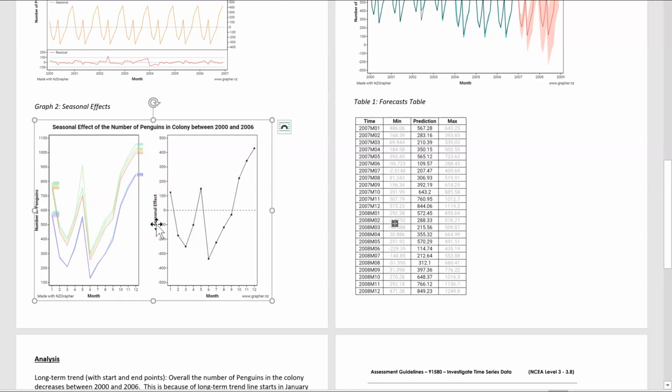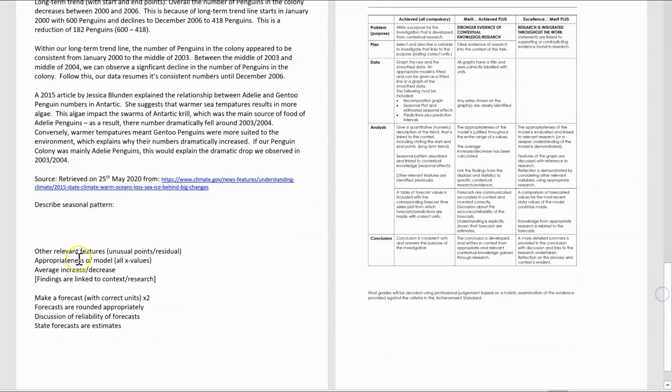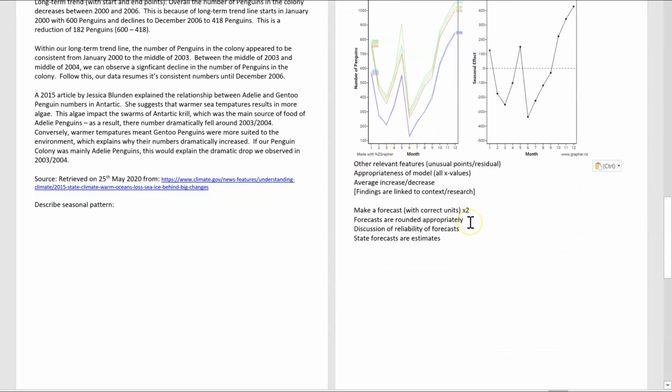So I guess the first point is I'm actually going to copy and paste this graph down below so I can refer to it as I'm typing, and then I'll delete it later on. So I've got my graph on the right-hand side. So seasonal pattern. So we're chatting about a typical year, not a specific year. So for a typical year, January would start at approximately 125 above, or 125 penguins above the trend line.